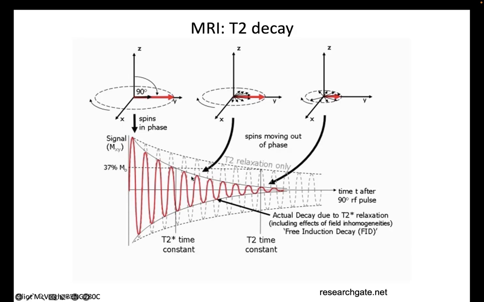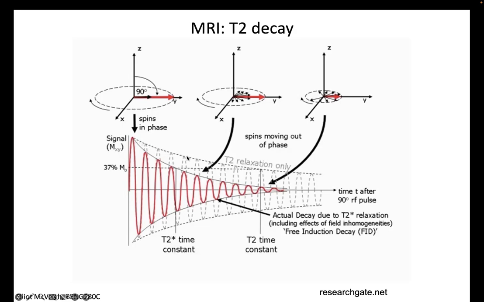The red curve shows an even faster decay, which is called T2 star. The reason this faster decay occurs is because the sample is usually not in a perfectly uniform magnetic field. And so the magnetization vectors from point to point are precessing at slightly different frequencies, and therefore they don't add up coherently for as long as they could, right?